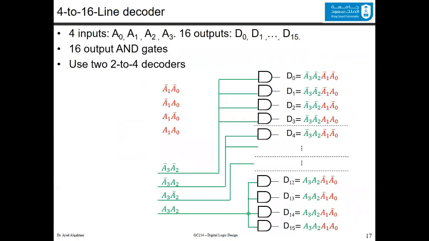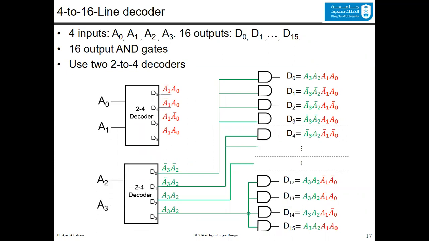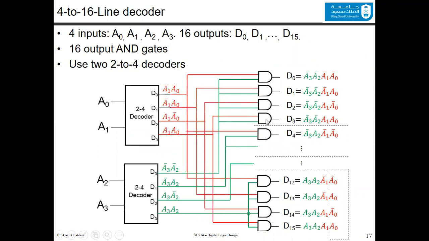Now, how to build a bigger decoder? Let's say that we want to build a 4 to 16 line decoder. Let's get rid of the animation to make it clear for you.